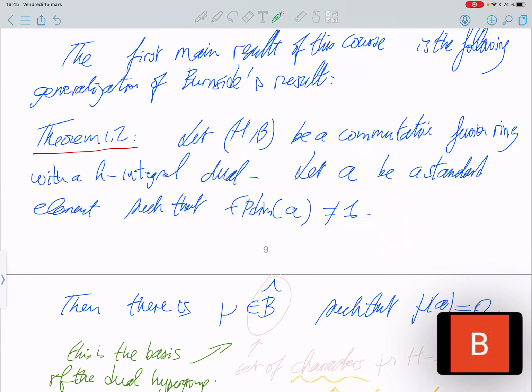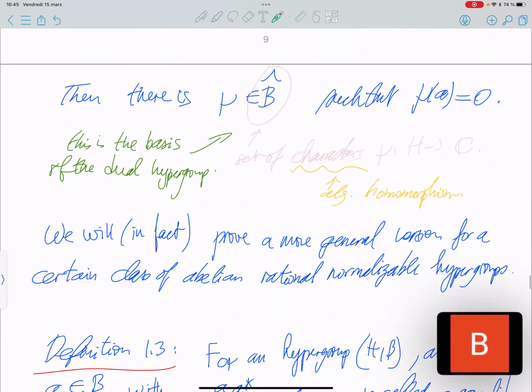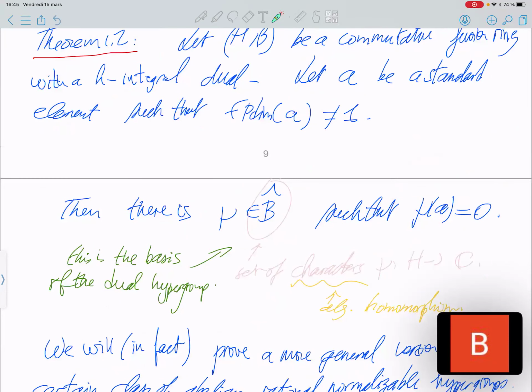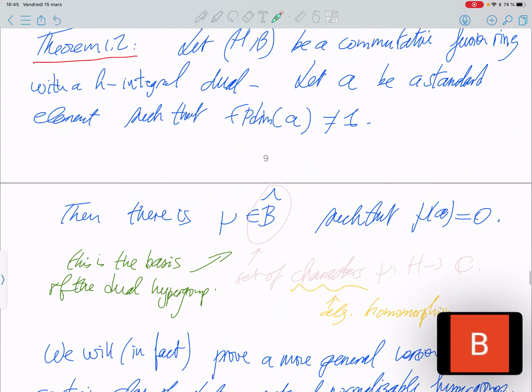Okay, and then the fact that there exists this is equal to 0, because in fact the determinant of the fusion coefficient is equal to the product of the elements in the row.